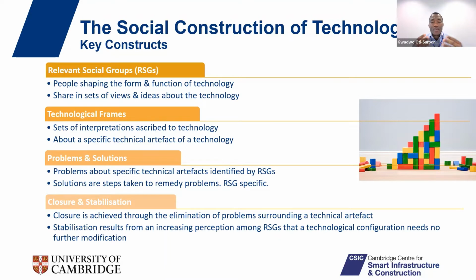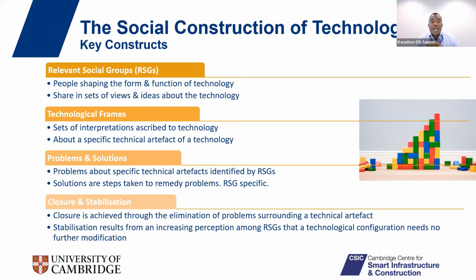A key point to note is that relevant social groups are not categorized based on pre-existing professional, organizational, or national backgrounds, but rather the extent to which they coalesce around a given interpretation or view of technology is what helps them to be categorized.